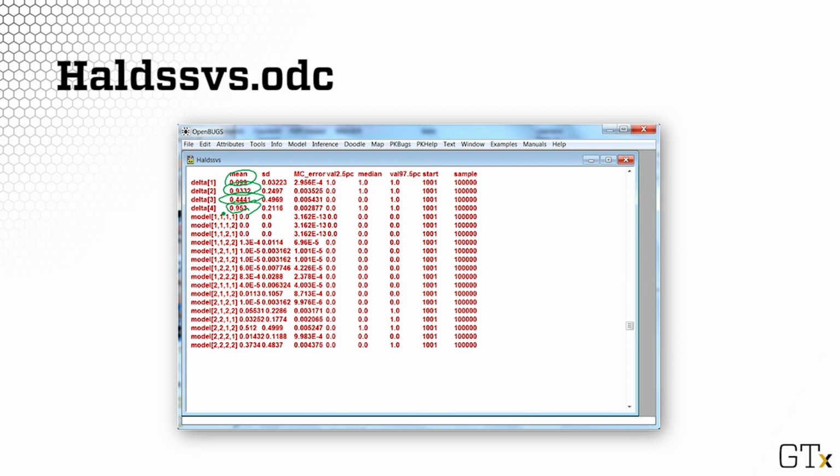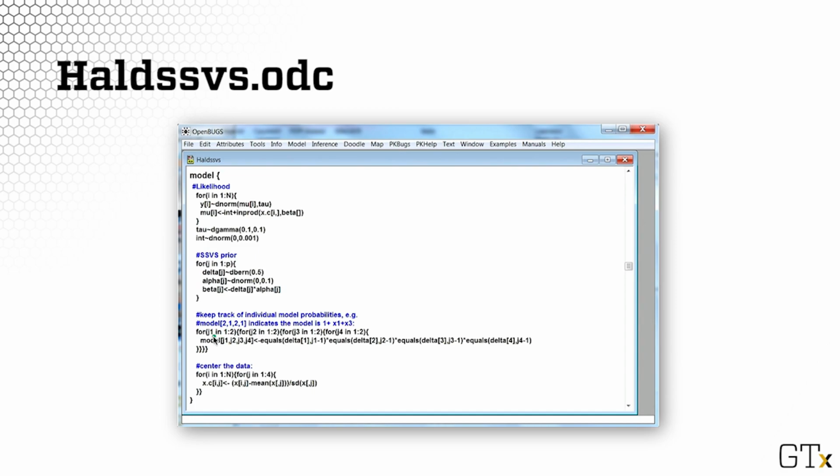Now that gives you a count for each variable separately, but it does not tell you in what combinations they went into the model. So let's go back to the model here and take a look at this. I index all models with 4 different indices, J1 up to J4, depending on whether this variable is in the model, which means 2, or not in the model, which is 1.